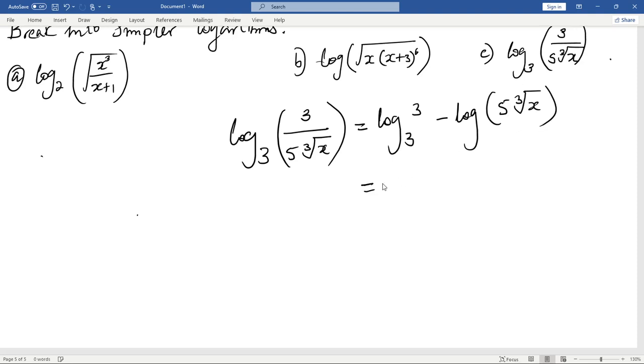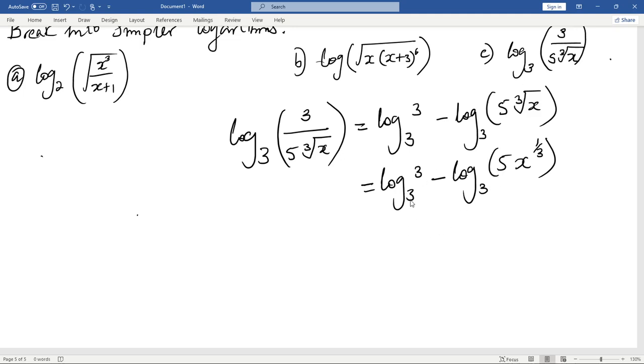So here we have log 3 to the base 3 minus log of 5 times x to the power 1 over 3. Then 5 and x are being multiplied, so we need to isolate them as well.